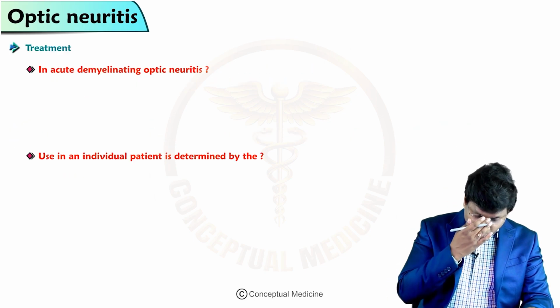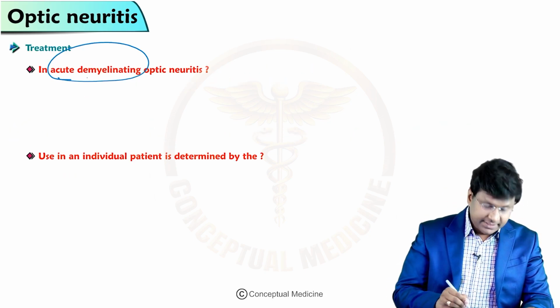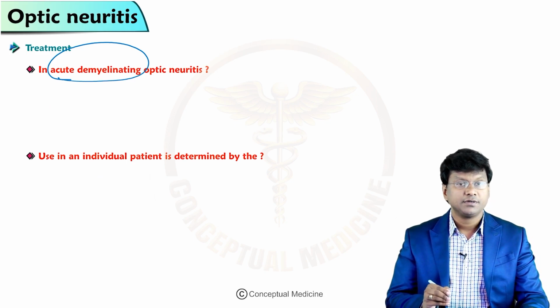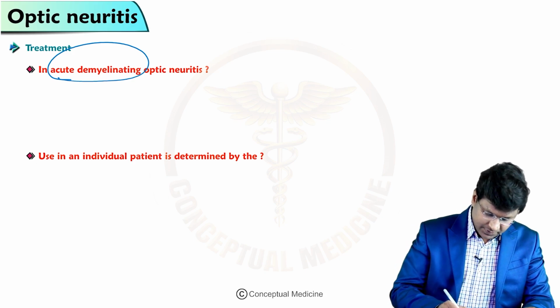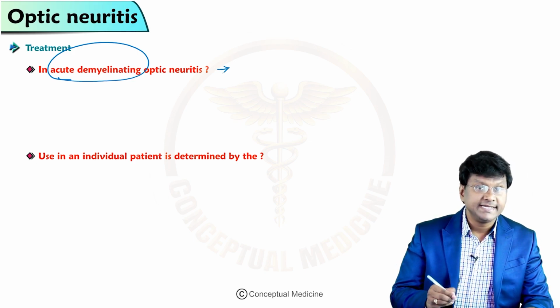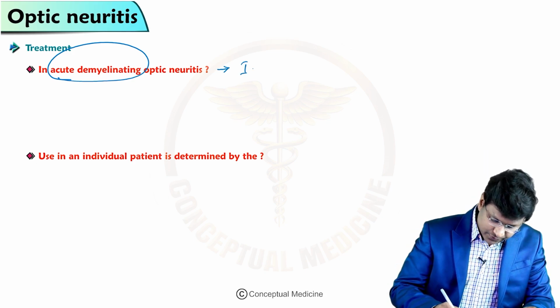And what will be the treatment? In acute demyelinating optic neuritis, you need to give intravenous methylprednisolone.